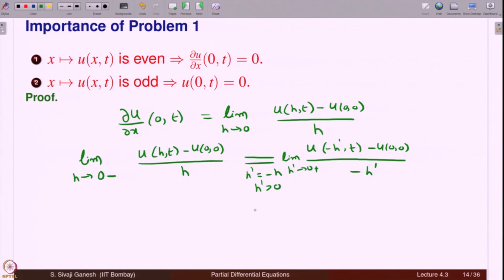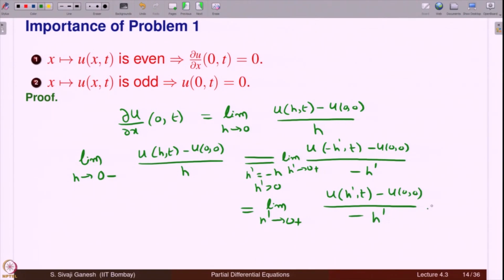Here I have to use that u is an even function. So this is nothing but limit h prime goes to 0 from the positive side of u of h prime comma t, because u is even with respect to x, minus u of 0 comma t, divided by minus h prime.